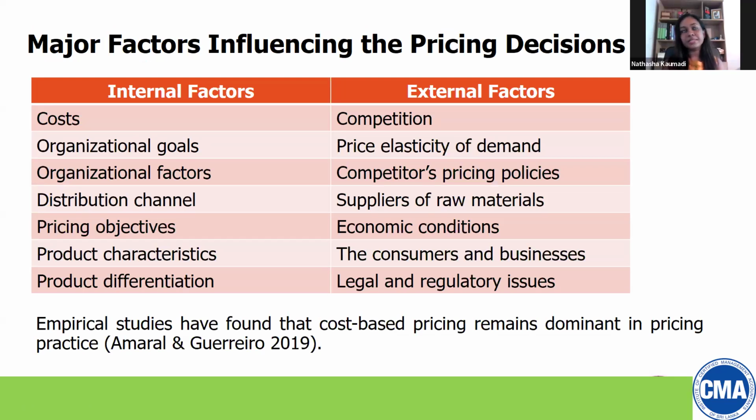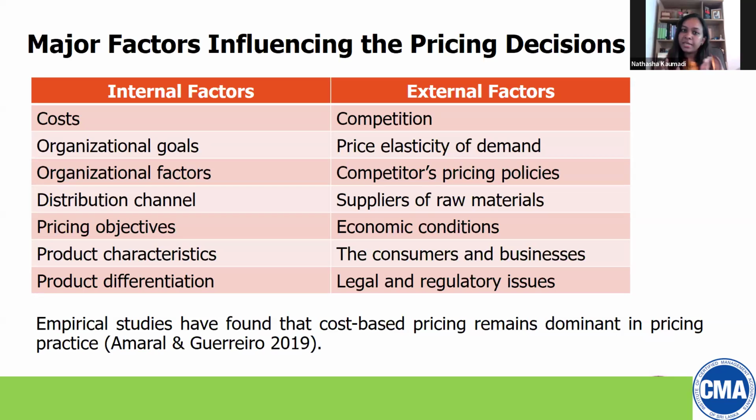That means some organizations, they have pricing strategies. They want to earn profits in the short run. Within a very short period, they want to earn the maximum profit they can earn. Sometimes some organizations are trying to achieve profits in the long run with small proportions, I would say.